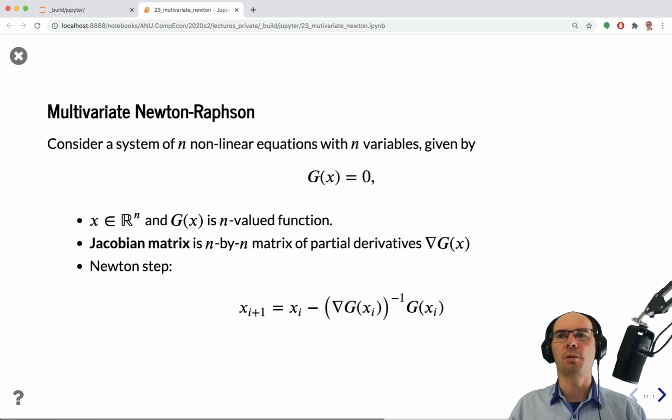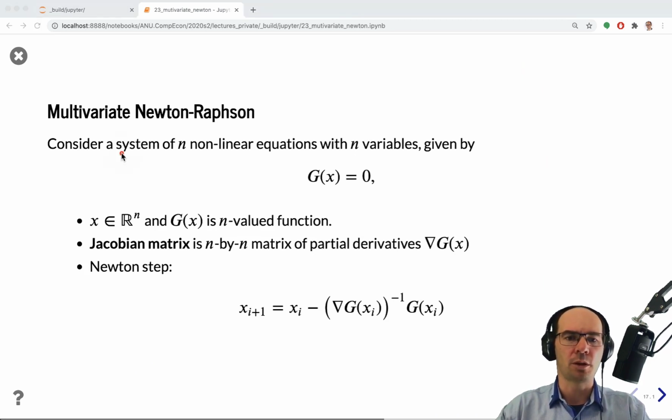Okay, let's look at the multivariate Newton-Raphson method. Well, it's essentially the same thing, but it can be formulated in matrices and vectors, and work on systems of nonlinear equations rather than just one equation. We'll look at systems of n equations with n variables.